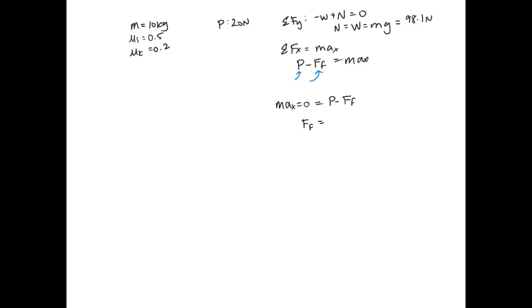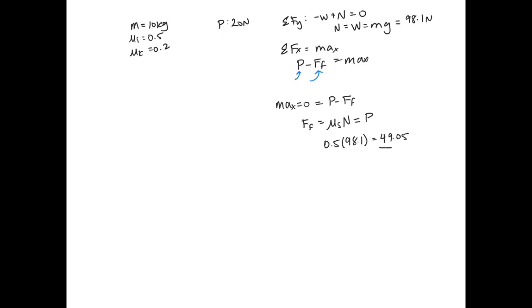In this case, that's saying that the force of friction, and we're assuming it's not moving, so it's equal to the static mu s, is equal to mu s N, which is equal to P. So our mu s times normal would be mu s, 0.5, times normal, 98.1, which is equal to, oh, sorry, 49.05.